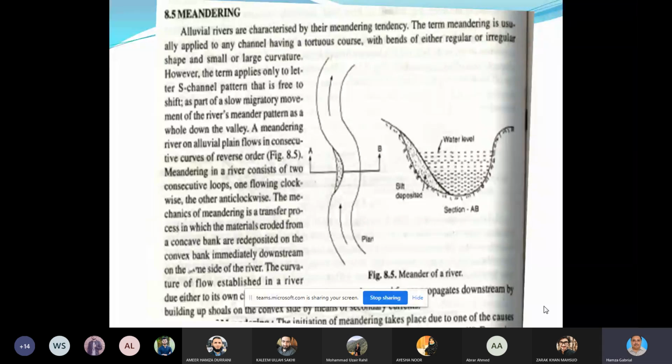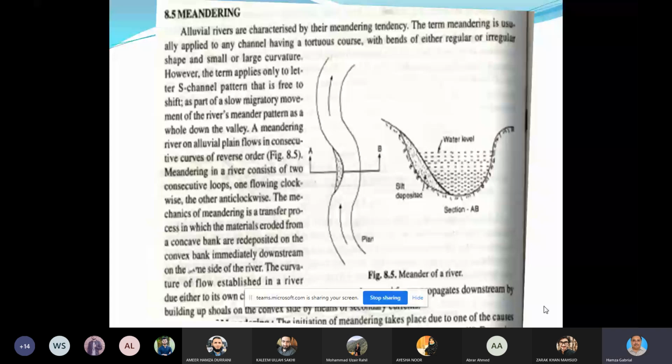So this is the main process which takes place while a river is exhibiting a meandering pattern. These meanders keep on increasing their amplitude, and very prominent or distinct meanders are formed while the river is flowing in the alluvial tract.